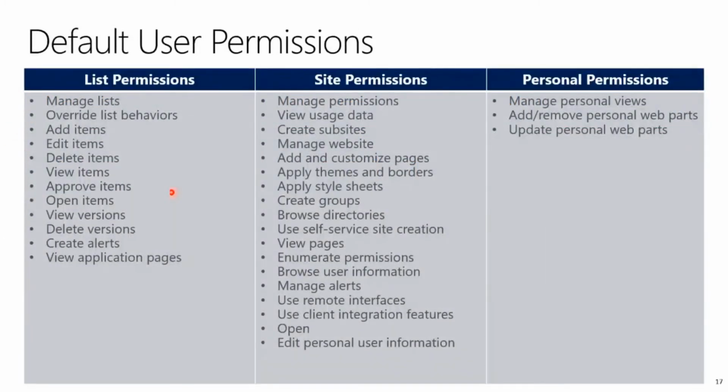I just wanted to give you a glance at all of these 33 permissions and how they're categorized. List permissions have all list-related operations, site permissions have site-related operations, and then personal ones, like personal views and personal web parts, are under personal permissions.